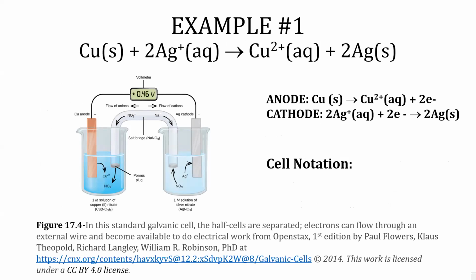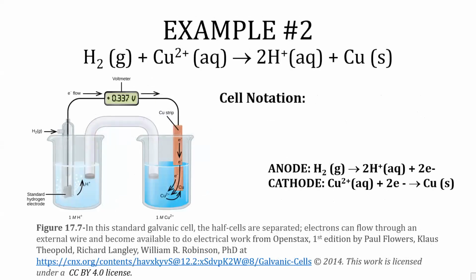The cathode has the reduction of aqueous silver plus ions, forming solid silver, and the anode has the oxidation of solid copper, forming aqueous copper 2 plus ions. The cell notation for this process is solid copper, vertical line, aqueous copper 2 plus ion, double vertical line, aqueous silver plus ion, vertical line, solid silver.